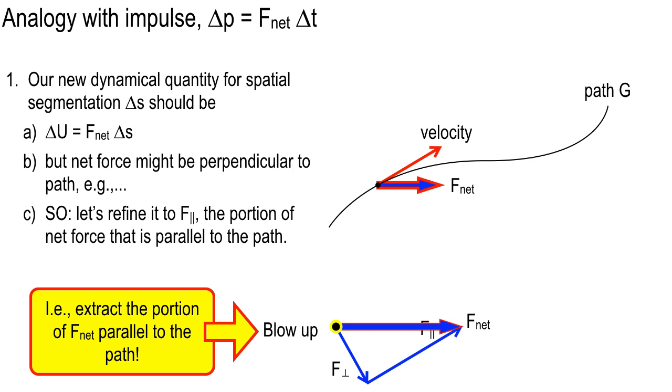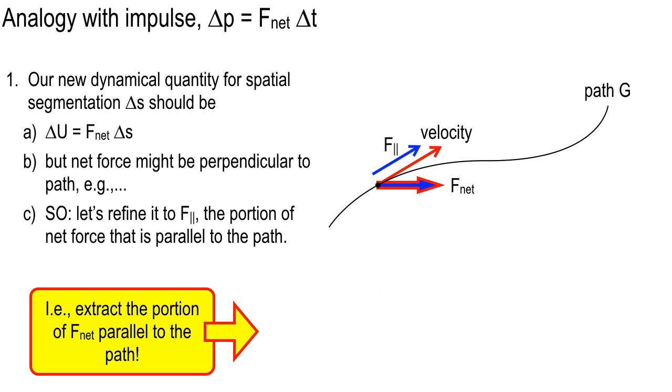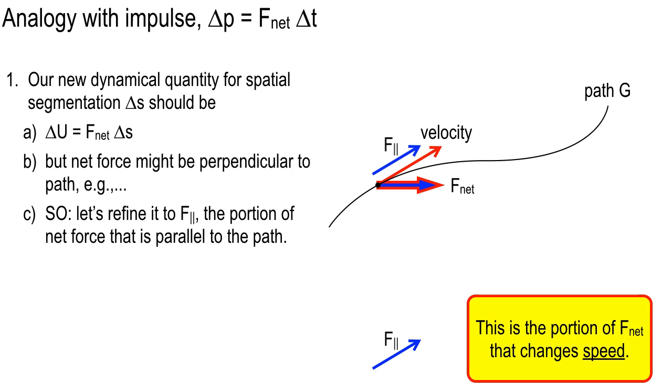All right, so if you're using your GPS or your Apple Compass application on your iPhone, if you turn your iPhone to different directions, it'll be reflected on the compass. And that's what centripetal acceleration, F perpendicular, does. So there's my extraction. I've extracted F parallel from this, and here it is down here. This is the portion that changes the speed.